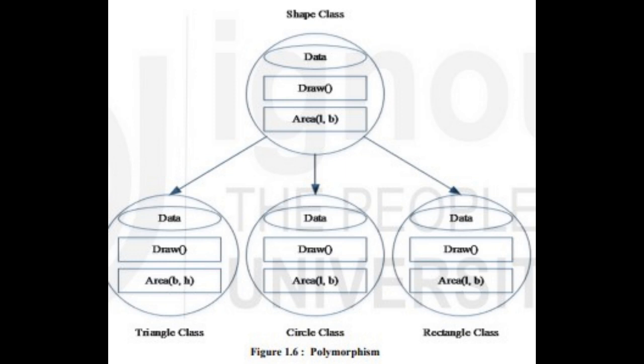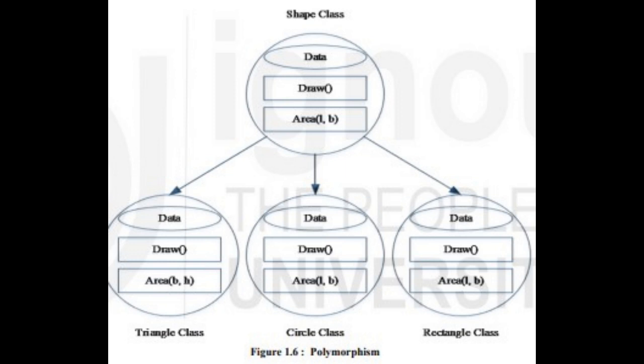Many object-oriented programming languages support this characteristic, but their implementations vary from one object-oriented programming language to another. The polymorphism principle is implemented in Java programming with method overloading and method overriding. Figure 1.6, Polymorphism. Look at the screen.